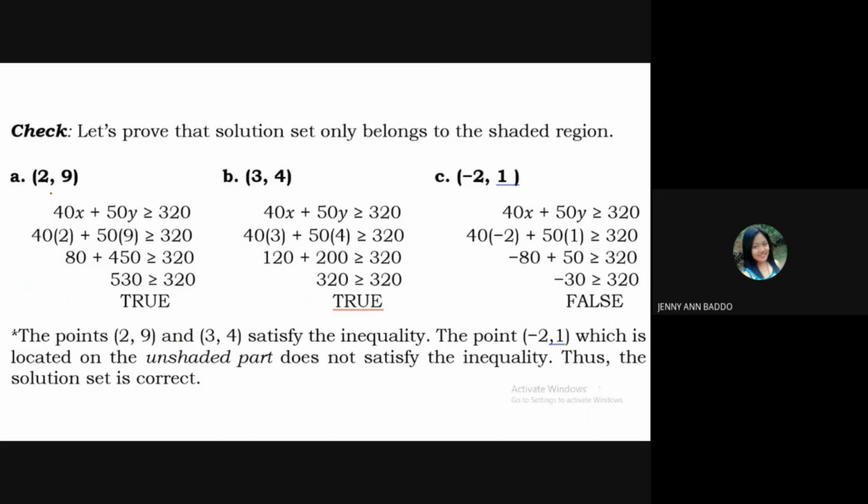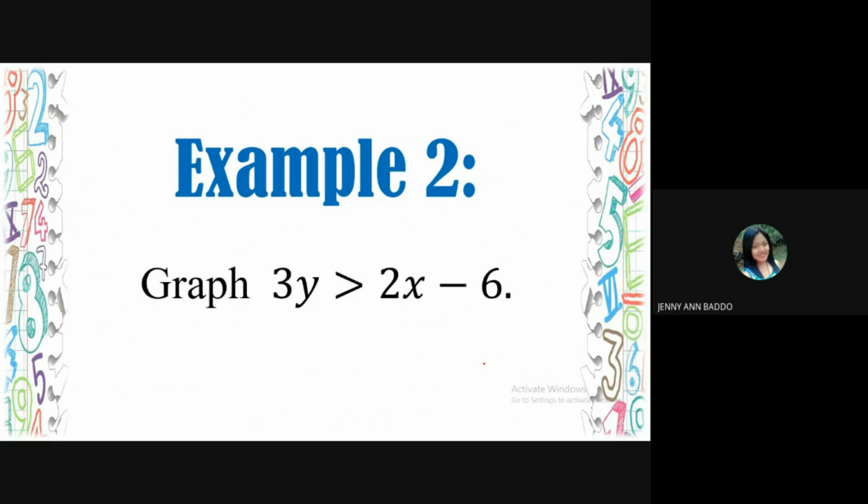All the points found on the solid line and on the shaded region will give a true statement, and a point found on the region which is not shaded will give a false statement. Let us have another example.